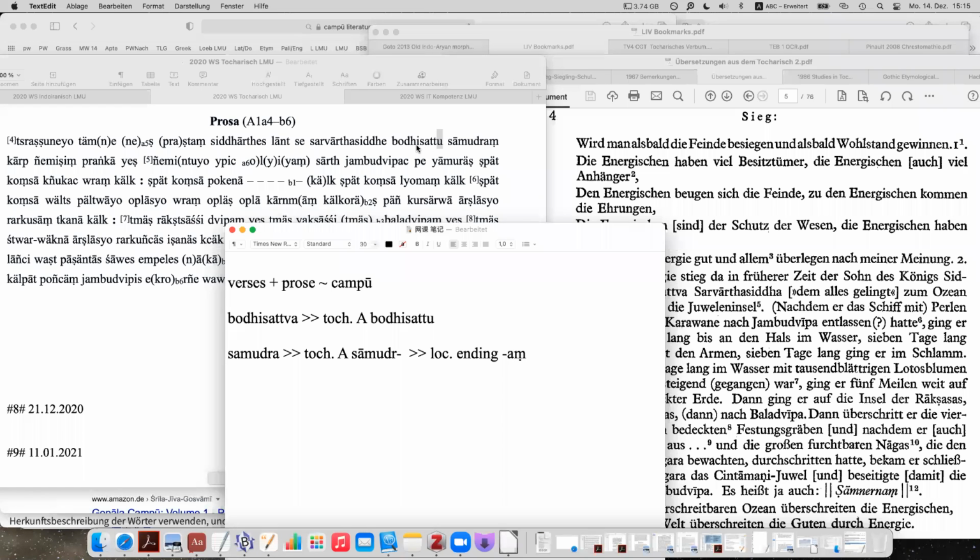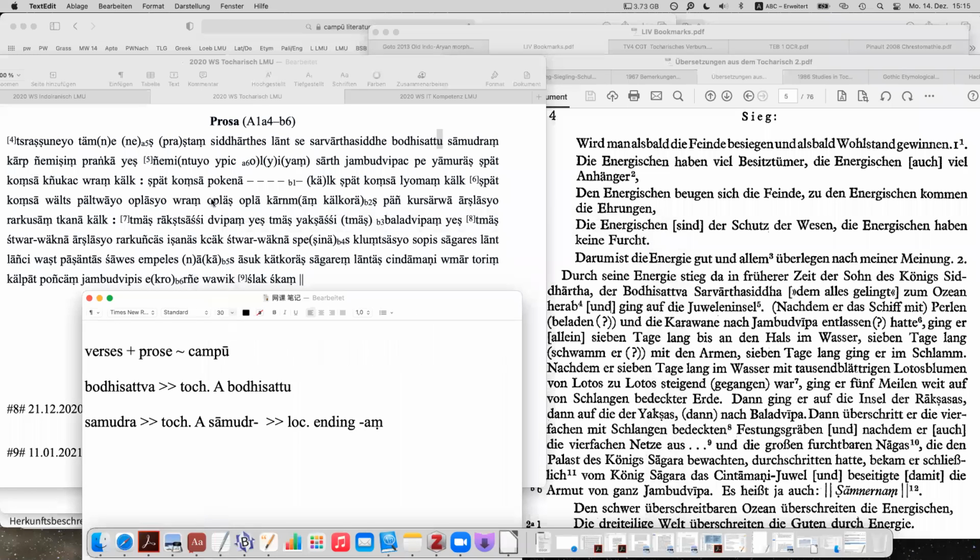So the Bodhisattva with the name Sarvata Siddha descends actually. Karp actually means go down, yeah. So the German translation is actually herabsteigen, yeah. So here we have a preterite, okay.